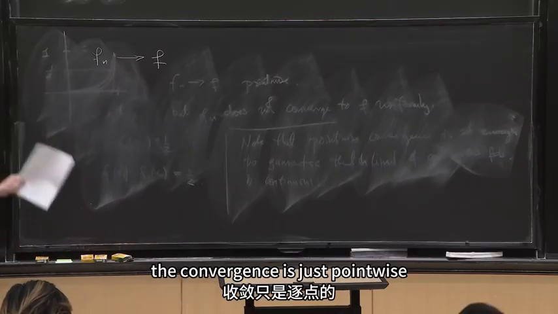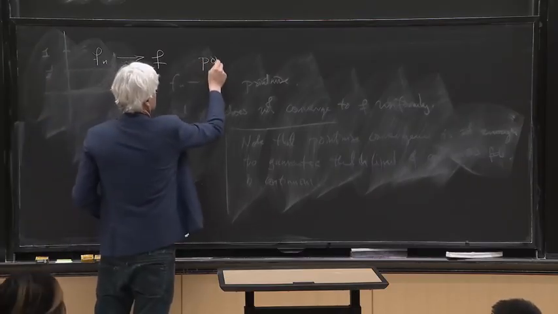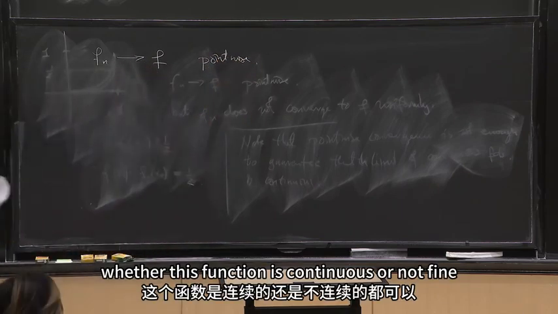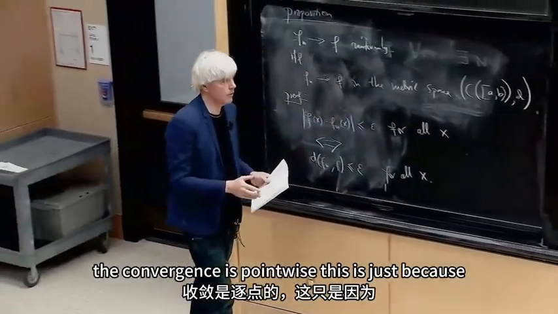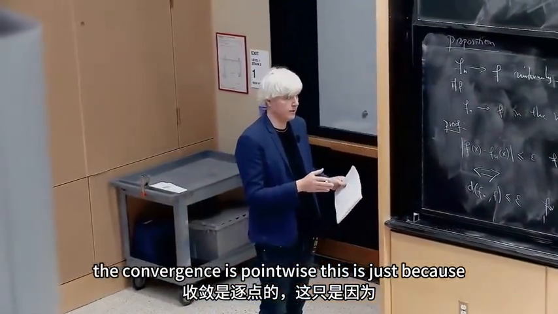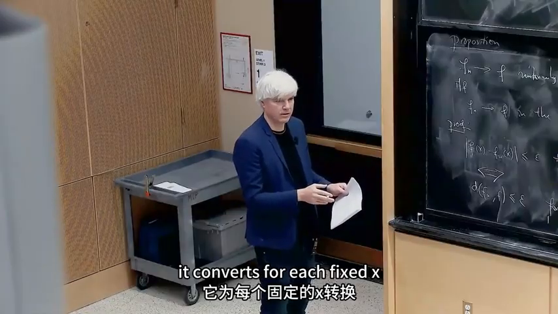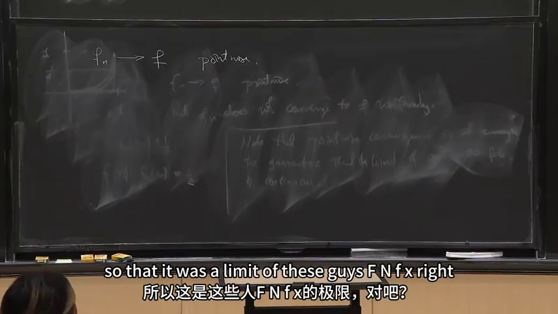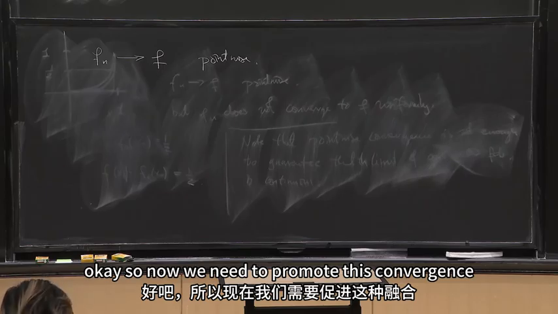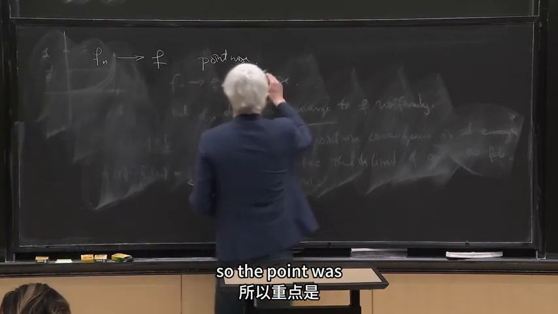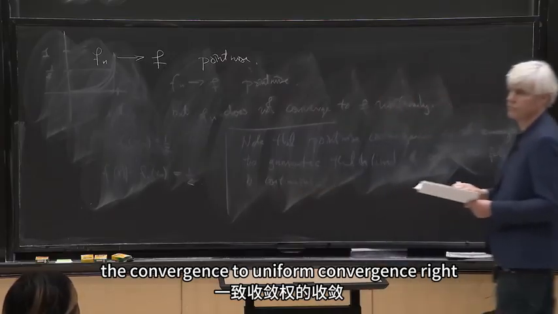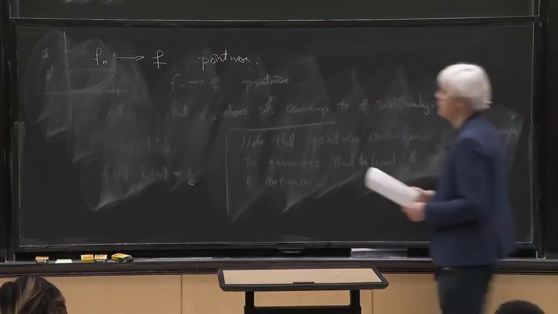The convergence is just pointwise, and we don't know whether this function is continuous or not. The convergence is pointwise just because it converged for each fixed x. f of x was defined as the limit of these Fn of x. So now we need to promote the pointwise convergence to uniform convergence.